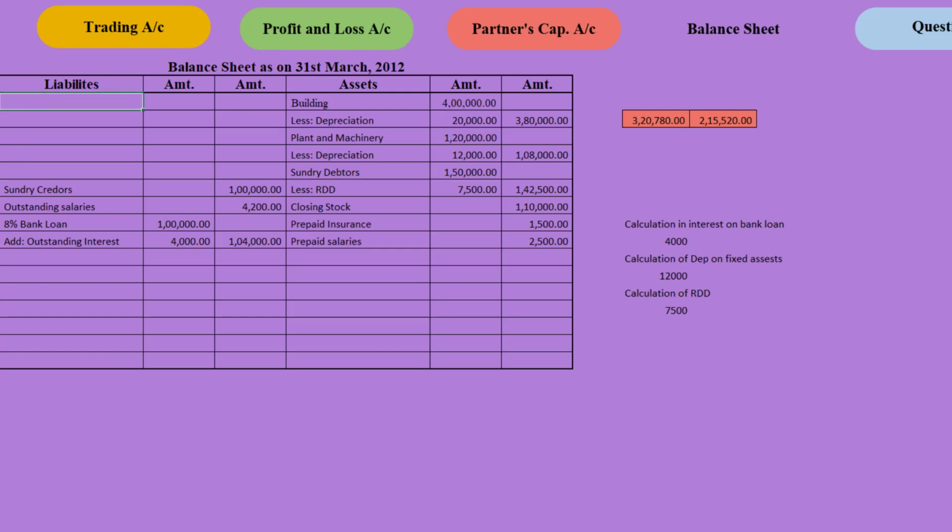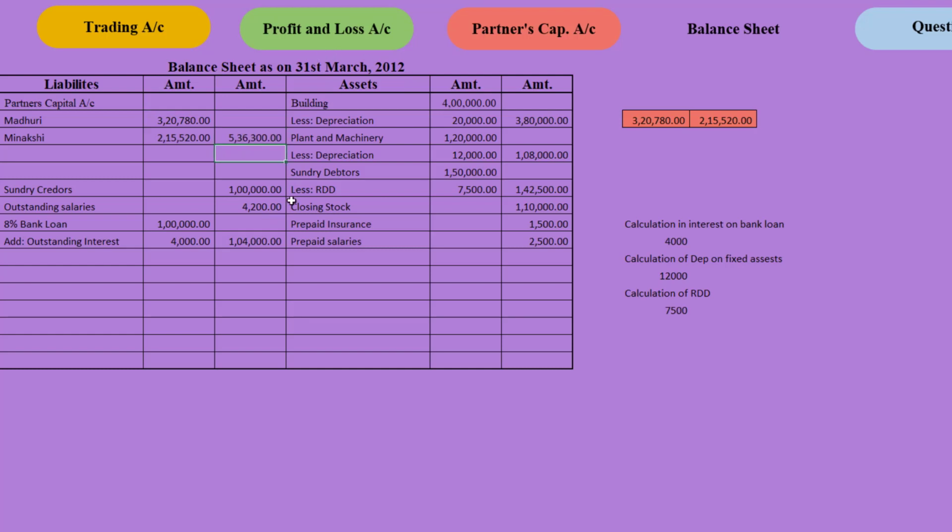Here I will write partners capital account. First partner is Madhuri and 5,36,300.